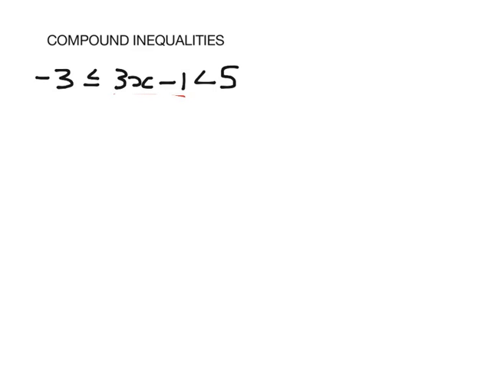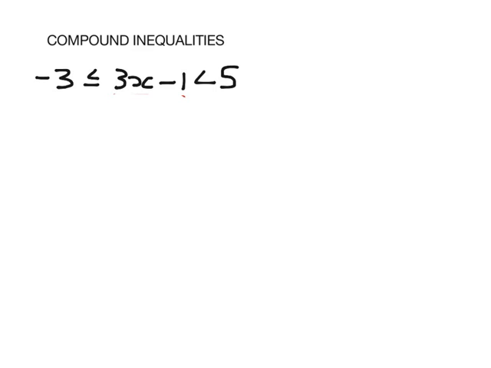So again, you do exactly the same thing. But now you start here. We get rid of whatever you're adding or subtracting to the x. So Nalunji, how would I get rid of that minus 1? Yes, you plus 1. Because plus 1, minus 1 is 0.